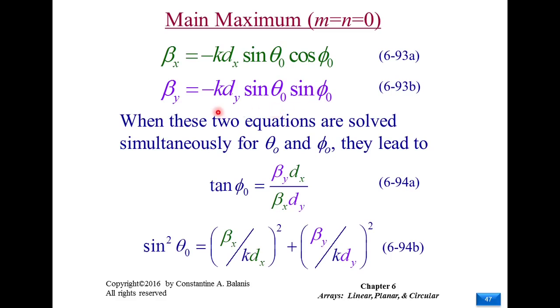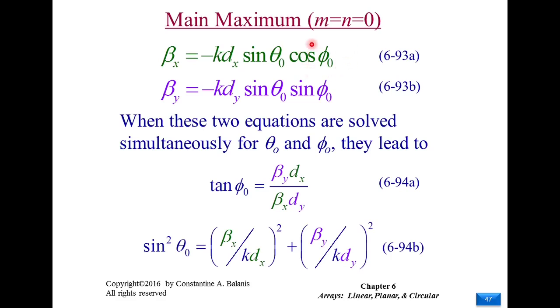So just solving those problems simultaneously, we can divide the first one by the second one. It will give us tan. So if we divide b by a, we'll have tan phi naught equal beta y dx divided by beta x dy, and we can find phi naught. Once we found phi naught, we just substitute in a or b to find theta naught, because this is known, this is known, this is known.